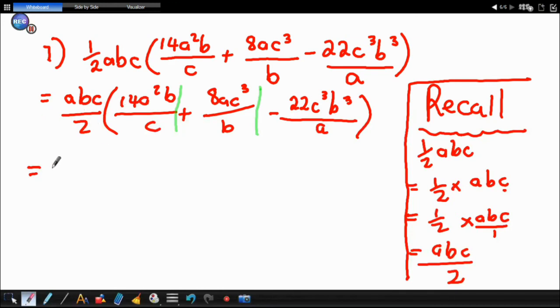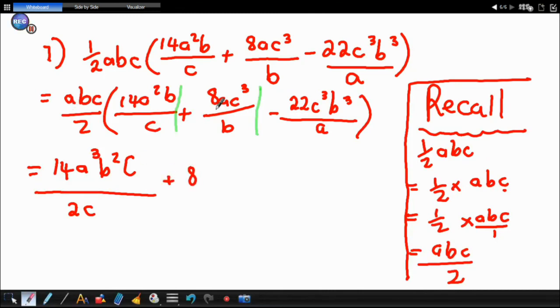There's 14 times 1, which is just 14, because remember there's a 1 that's a default there. Then we have a times a squared, which is a cubed, b times b, which is b squared, and then don't forget the c, over 2c. Then this times that, which will then be 1 times 8 will give you just 8.